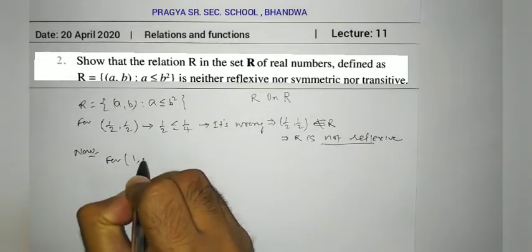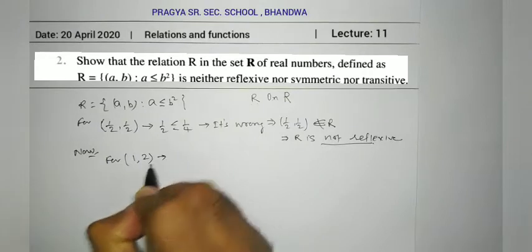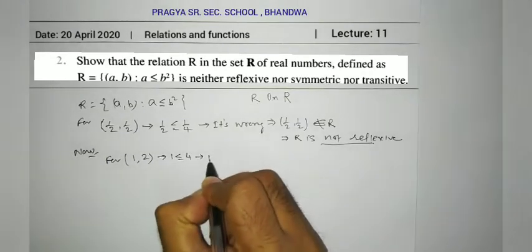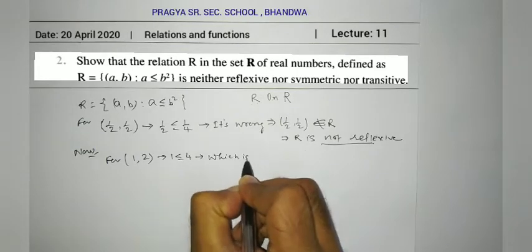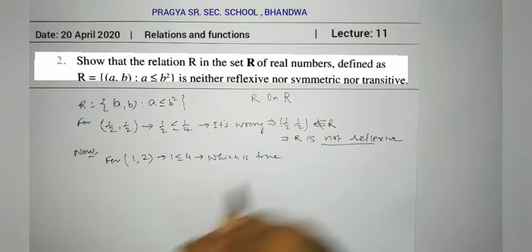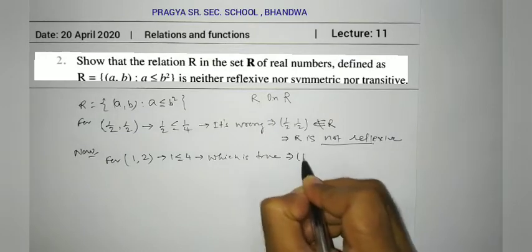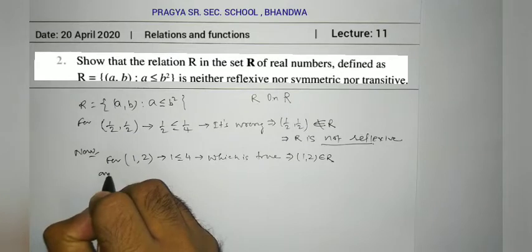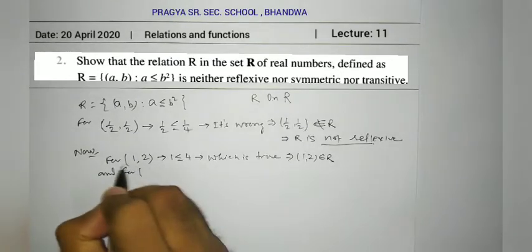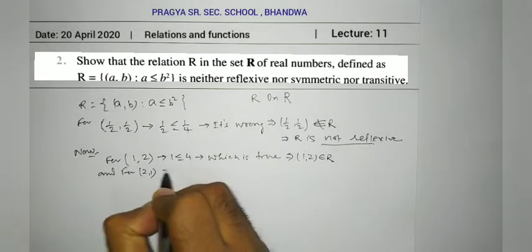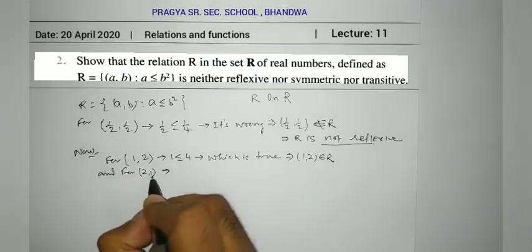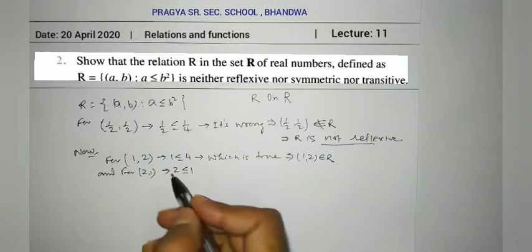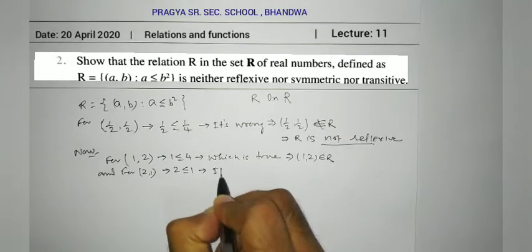Now we'll consider (1, 2). We get A less than or equal to B square: 1 is less than or equal to 4, which is true. This implies (1, 2) belongs to the relation. And when we reverse this pair to (2, 1), we see A is less than or equal to B square: 2 is less than or equal to 1, but 2 is greater than 1, so it's wrong.